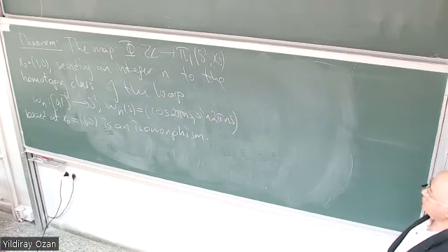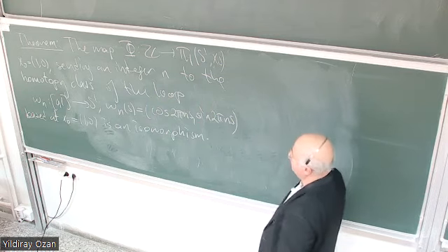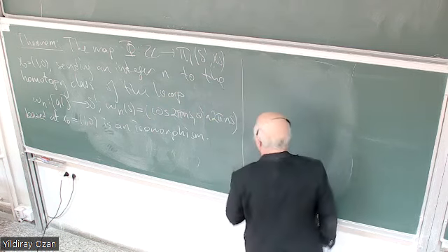In particular, the fundamental group of the circle is isomorphic to the group of integers, the infinite cyclic group, okay?